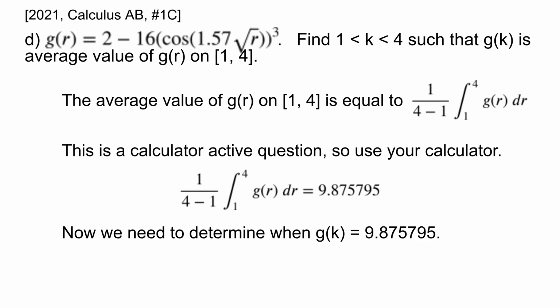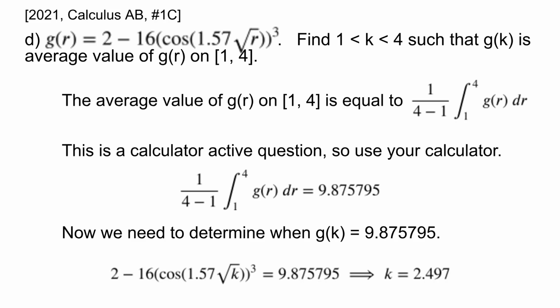So now we need to determine when g of k is going to equal this value 9.875795. And because this is a calculator active question, we can use our calculator again.